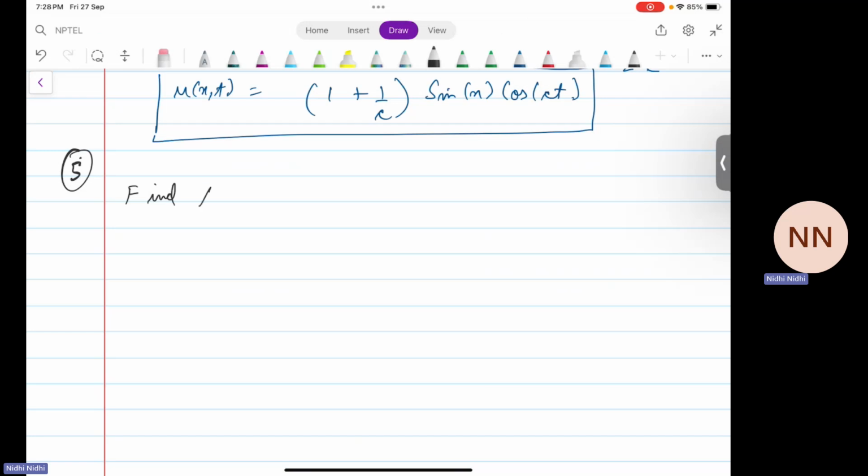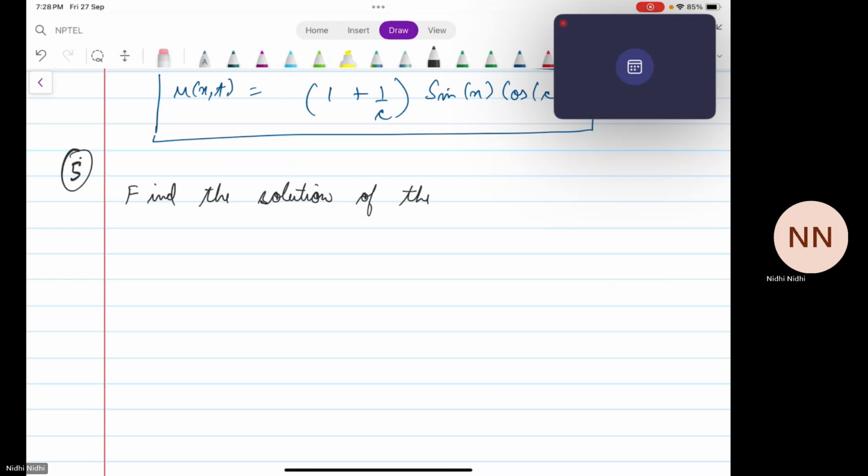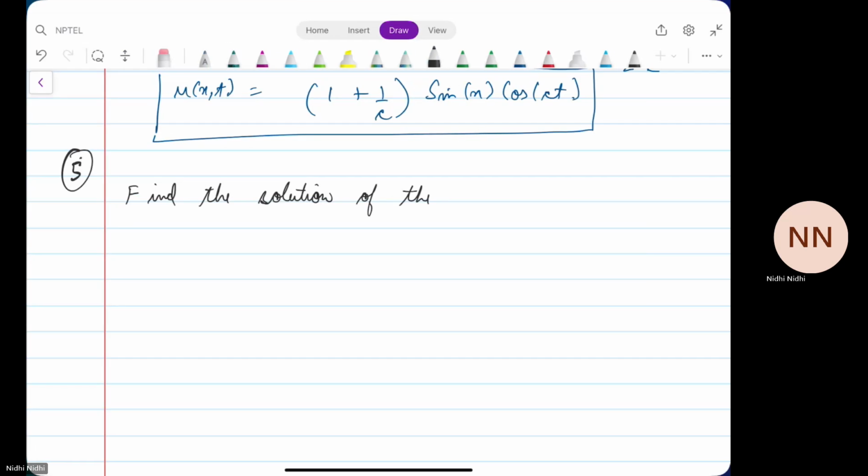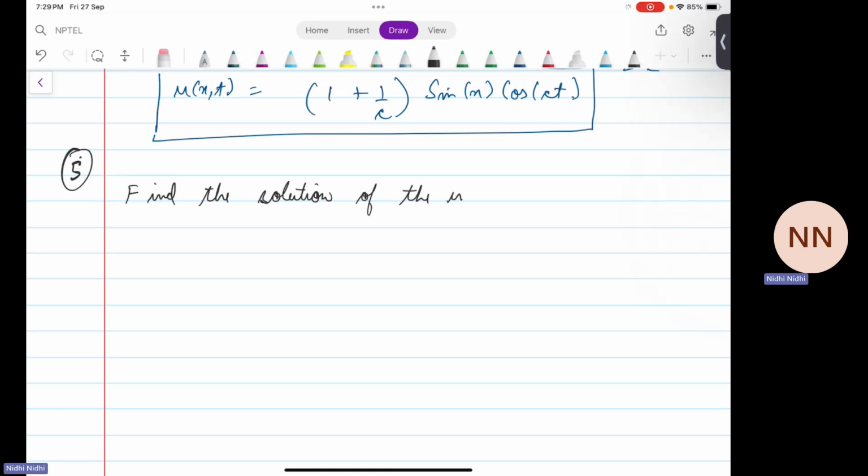Find the solution of the initial boundary value problem u_tt minus c square u_xx is equal to 0 for all 0 less than x less than 1, t positive.